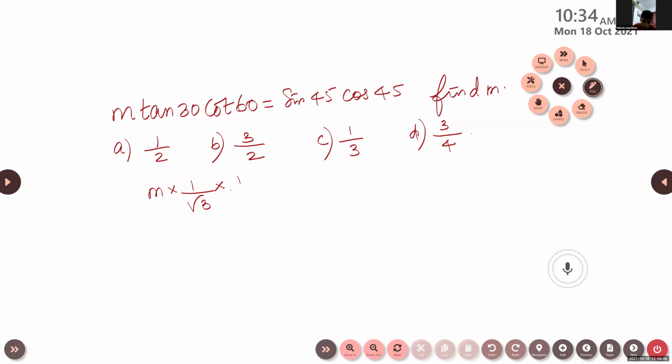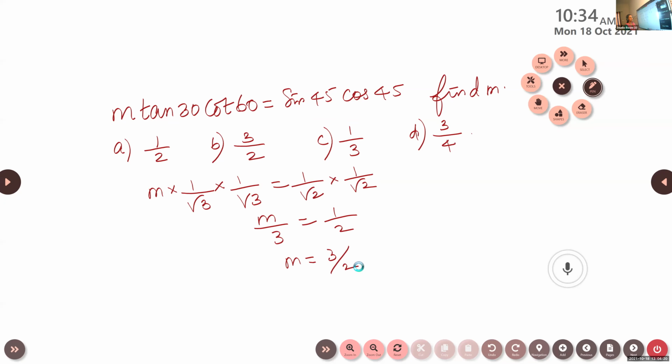This is equal to sin 45, cos 45, which is 1/√2. This is also 1/√2, isn't it? So you can write this as m/3 is equal to 1/2. So what is m? Is it 3/2? Mary, your answer is 3/2, isn't it? Yes, ma'am. 3/2 is the correct answer.